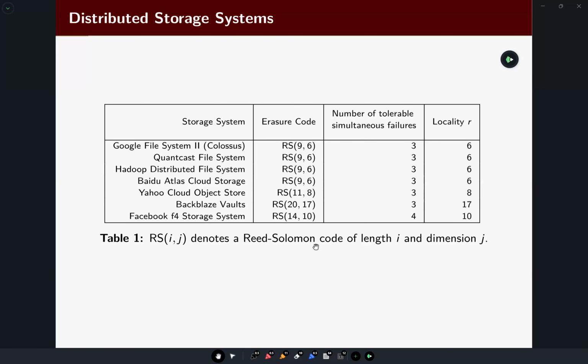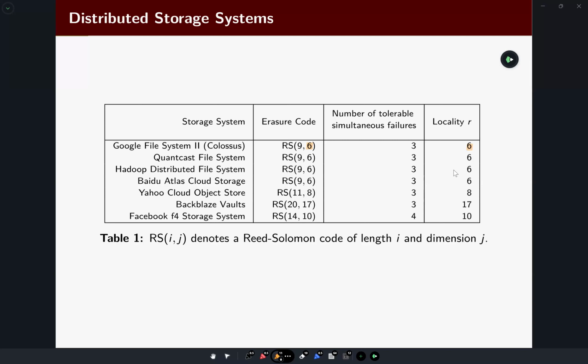So, as you can see, we have Reed-Solomon codes, and Reed-Solomon codes have locality equal to the dimension. That might be good sometimes, but sometimes it might not be good. In fact, as you see here, we have the dimension of the code, which equals the locality.